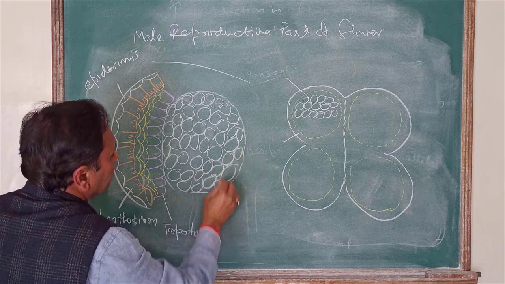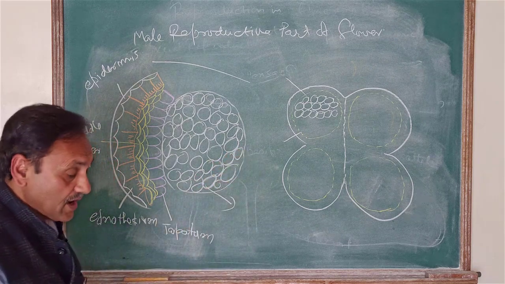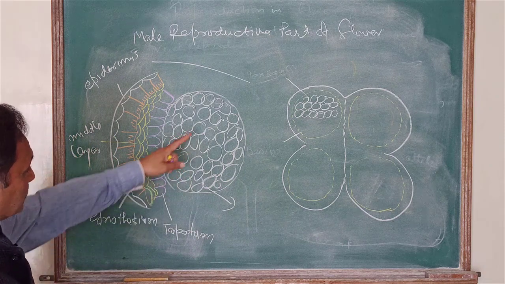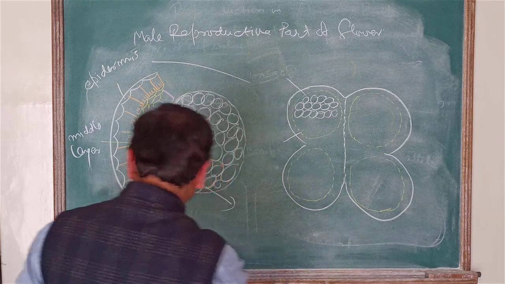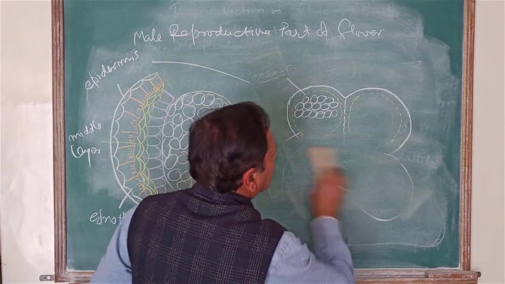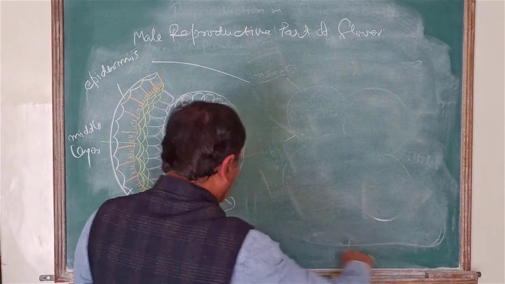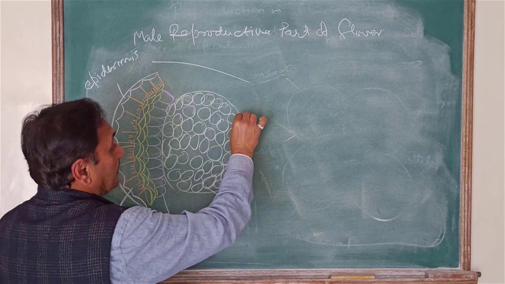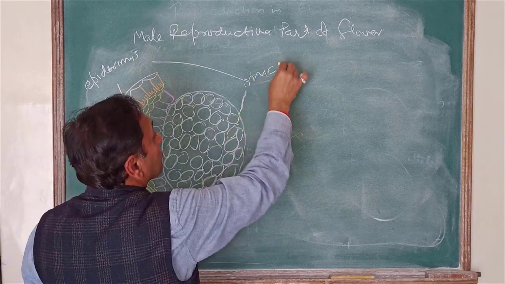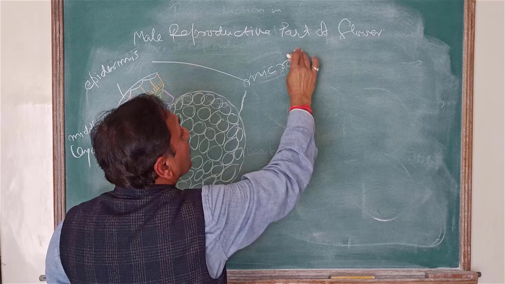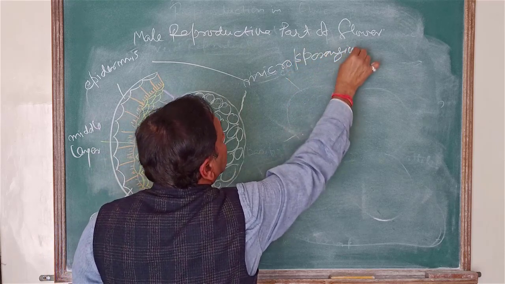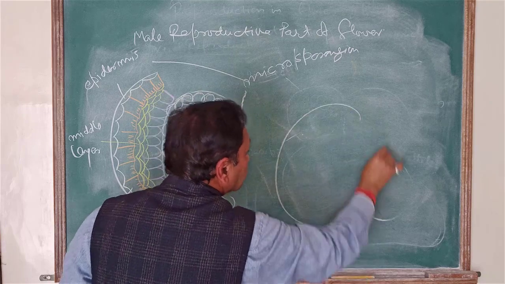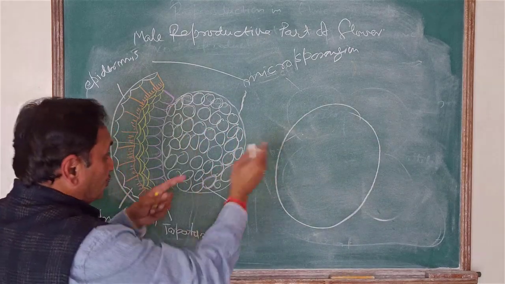It has been observed that during maturity, these microspore mother cells enlarge. And due to this enlargement, the microsporangium becomes enlarged.